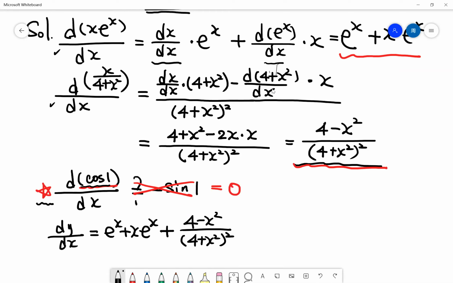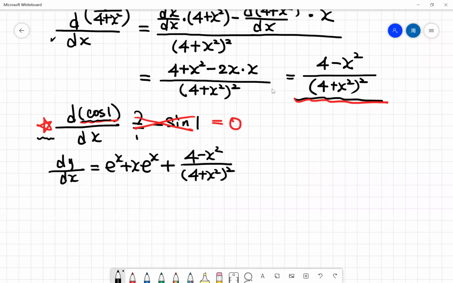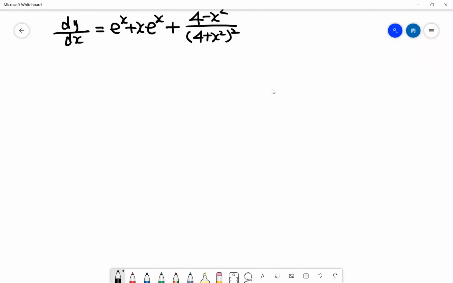So we come to the last question, number 5. Here, number 5, we have the function y equals x^3 minus x^2.